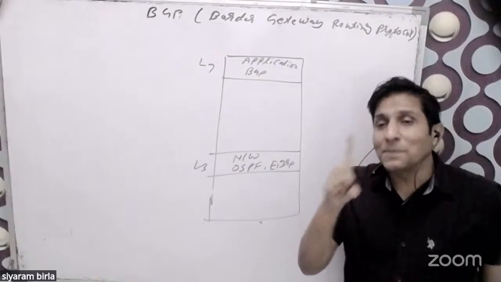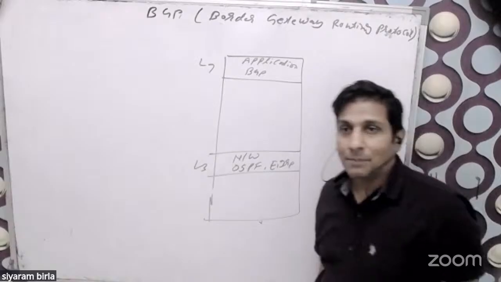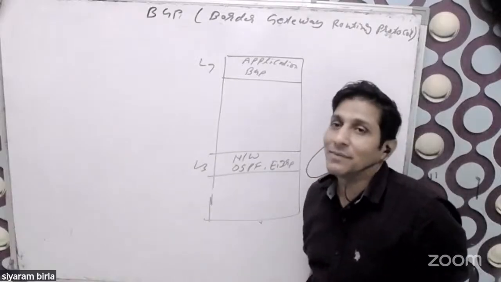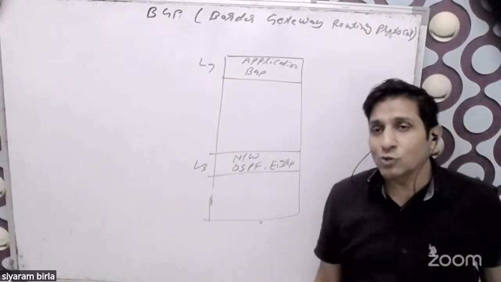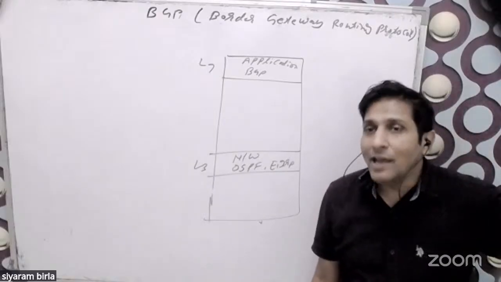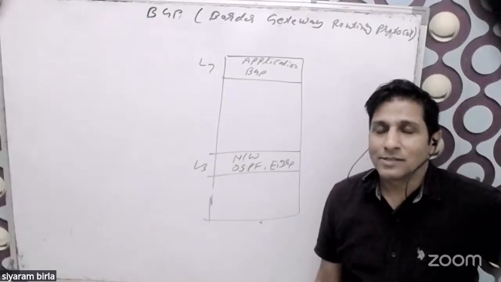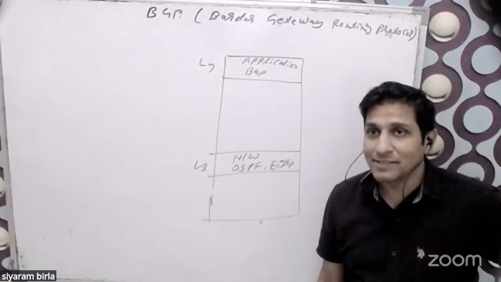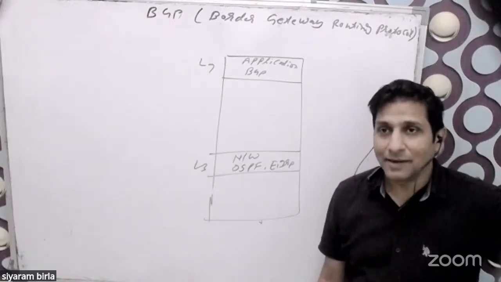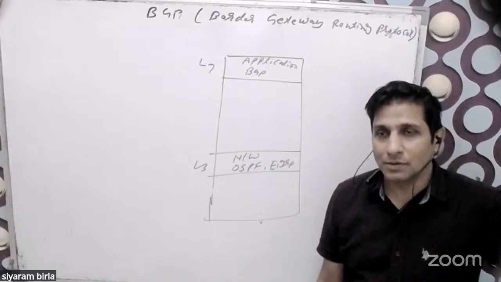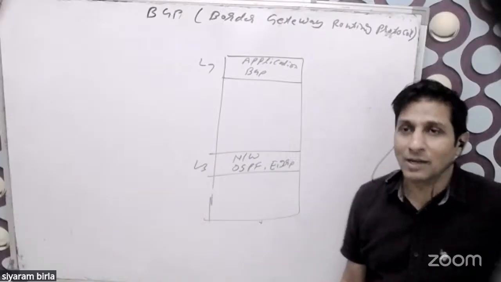OSPF and EIGRP will be fast because they work at layer 3. But BGP works at layer 7, and it is very slow. So BGP is a very slow protocol, and I'll explain why. BGP works between the layers, and between layers the links are limited and bandwidth is limited, so we cannot share many update packets on the link.